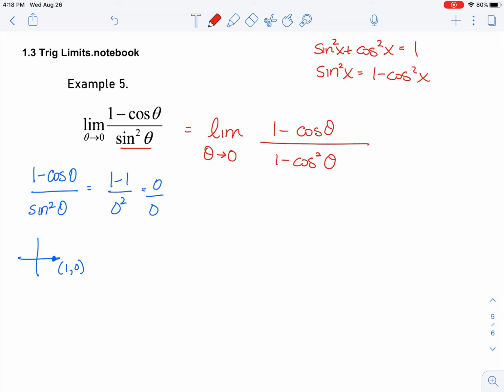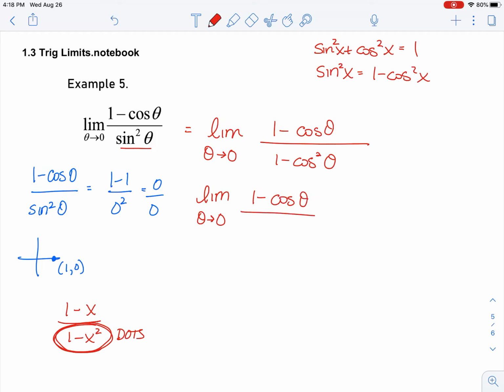So if you're struggling at all using trig, you could think about it as if it were just regular terms. This is like 1 minus x over 1 minus x squared. Hopefully you would see you factor the bottom. That is a difference of two squares. So I'm going to factor the bottom here. On the top, we're going to leave 1 minus cosine theta. On the bottom, I get 1 minus cosine theta times 1 plus cosine theta.